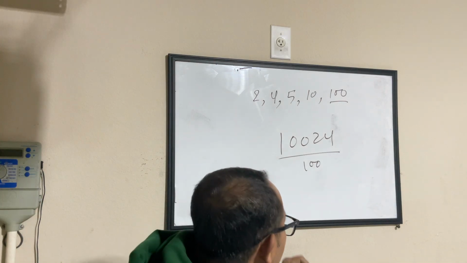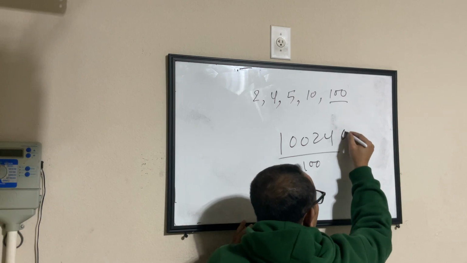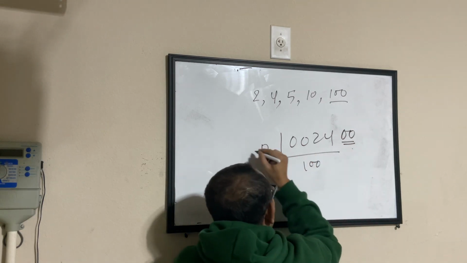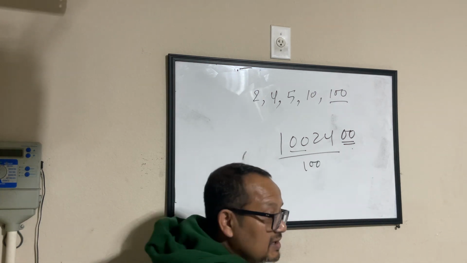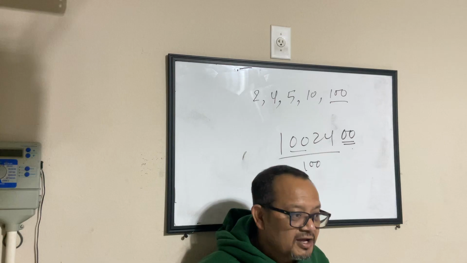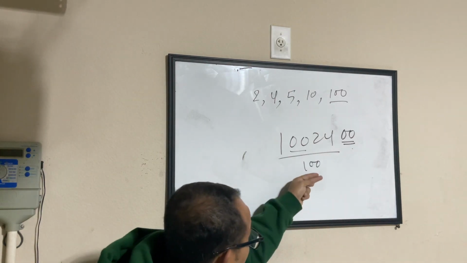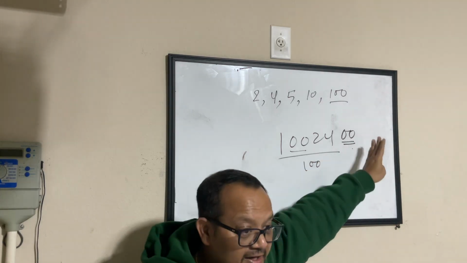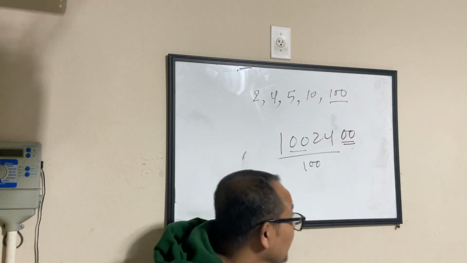And that's the right answer, because for me to be able to divide, I need to have zeros at the end on the right hand side, not this side even. So even if I have 2 zeros in the middle, that doesn't help me. So always remember, you need to have at least 2 zeros. If your 100 has 2 zeros, you need at least 2 zeros. If you have more than 2, it's fine.